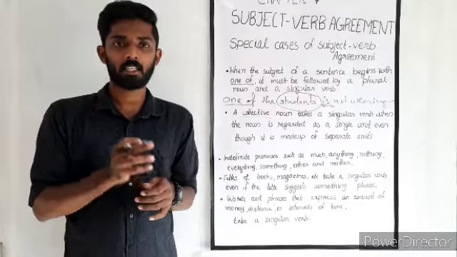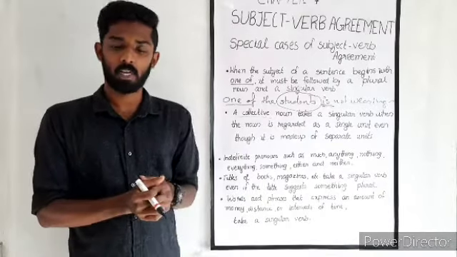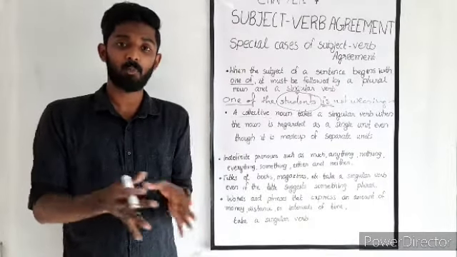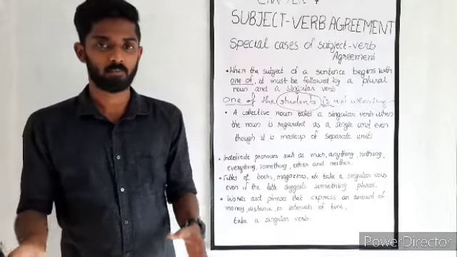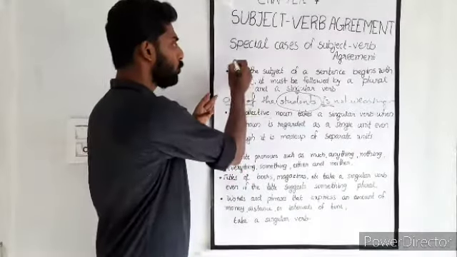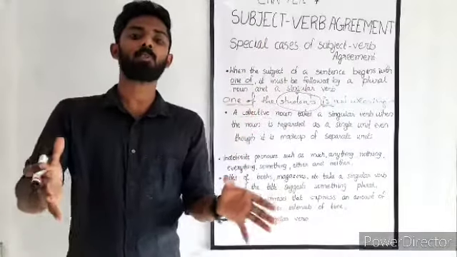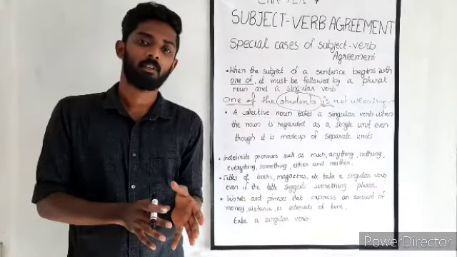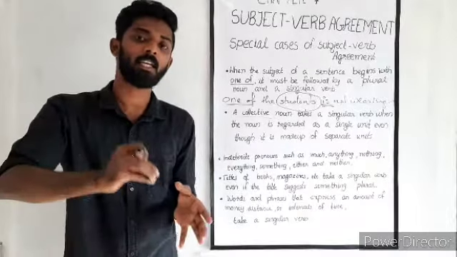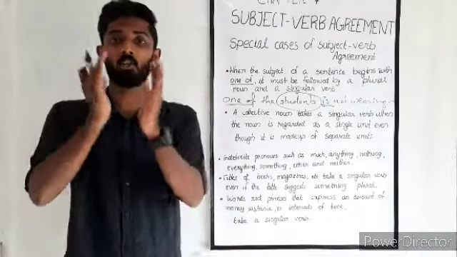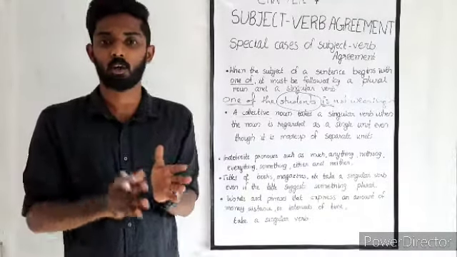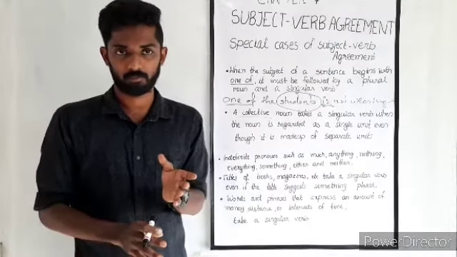Or else, either of the two options is good. Either of the two options is good, which means there are two options. Though there are two options, we take them as a singular unit and use a singular verb in the sentence.